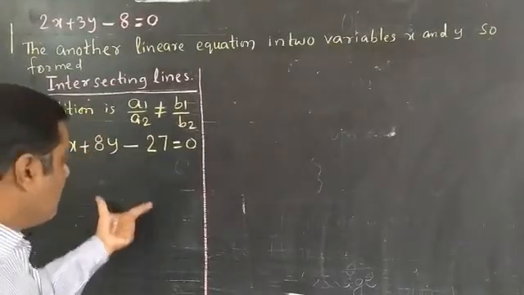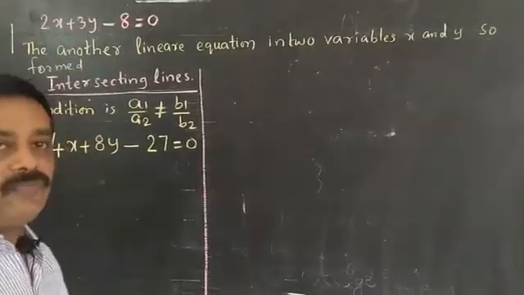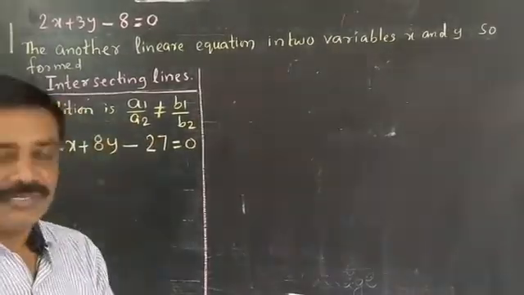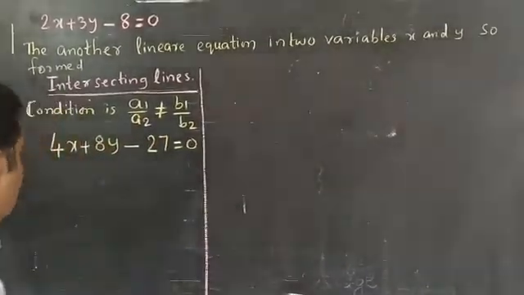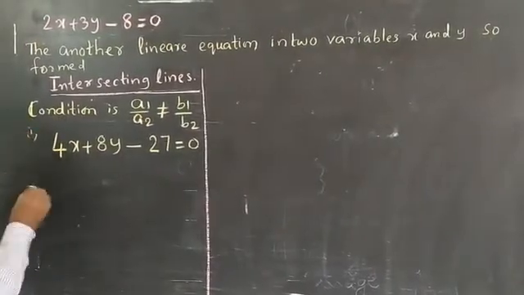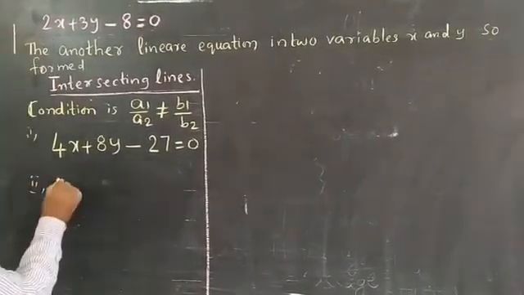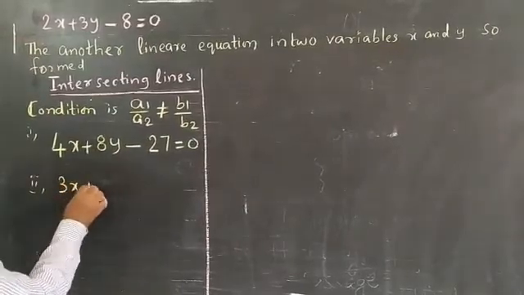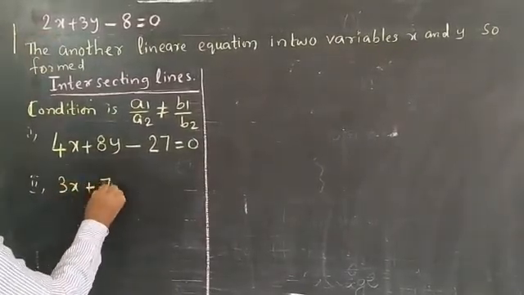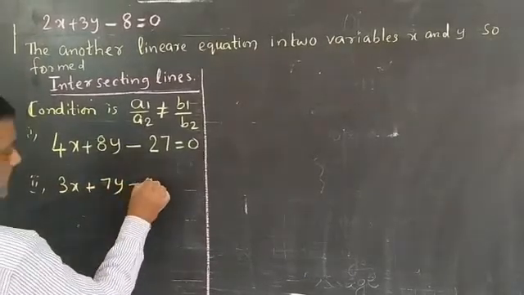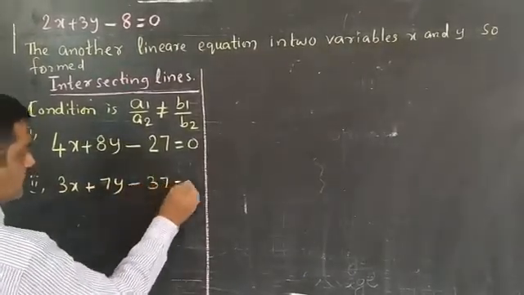We have to make different types of linear equations which follow this condition. Is it clear? He is asking for only one. I am going to take another also. For example, this is 3x, that is 7y, and we write here minus 37 is equal to 2.